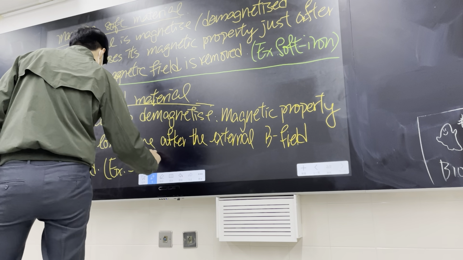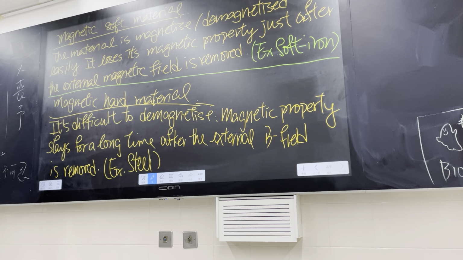Okay, so an example of a magnetic hard material is steel. For a magnetic hard material, it may not be difficult to magnetize, so you can magnetize it easily. However, it's very difficult for you to demagnetize the material.